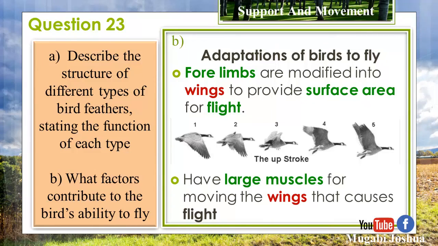Then you will also see that they have large muscles for moving the wings that cause flight. Their muscles are very strong. The pectoralis major and pectoralis minor are very large and strong muscles which are used for flight.